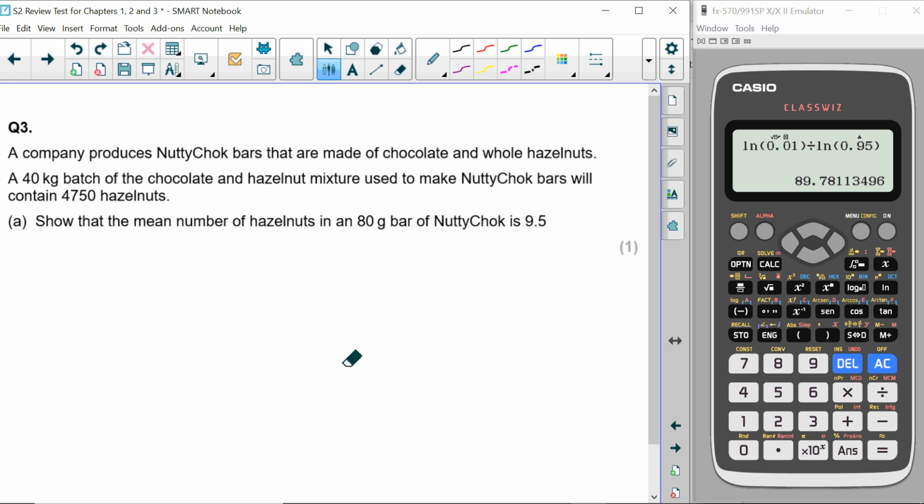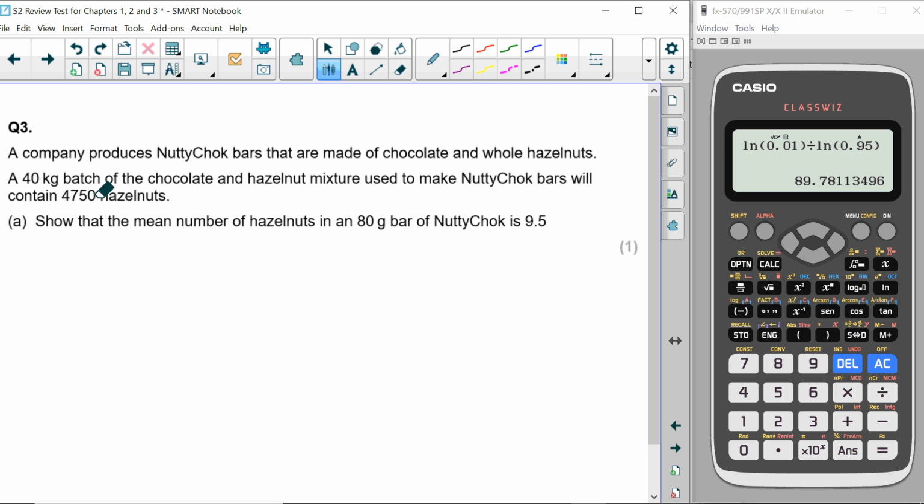Well, what I would do here is I would just work out the mean in general. If we know that in a 40-kilogram batch there's this many hazelnuts, work out that mean. So divide the 4,750 by 40,000, since it's 40 kilograms, and that will give you how much you'd expect in 1 gram. For one gram of chocolate, how much hazelnut would you expect?